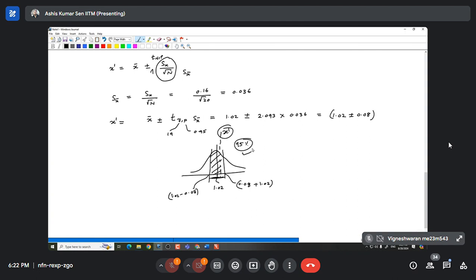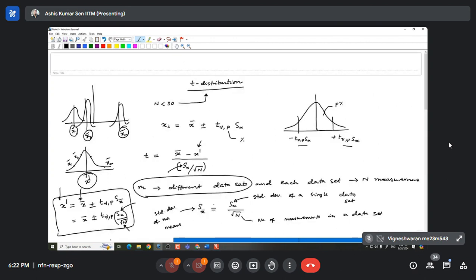Right. So now, when we talked about this Sx̄, we said that you can have m different data sets, each data set containing n measurements, but we do not really constitute m different data sets. We only have one data set and n measurements. From there, we predict what is the true mean. But in some scenarios, let's say you really have m different data sets.